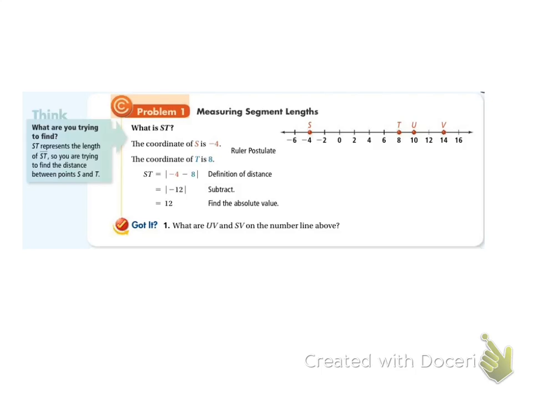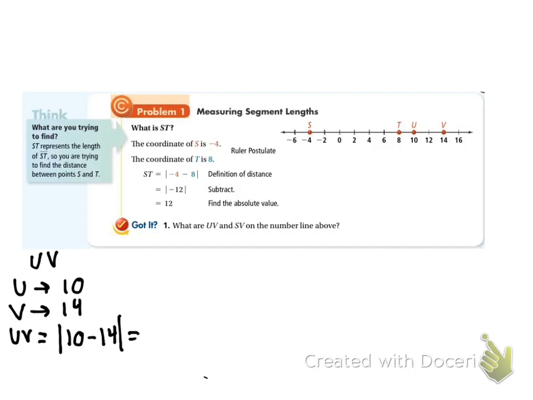Okay, so let's look at UV and SV. So UV, U's coordinate is 10 and V's coordinate is 14. So UV is equal to the absolute value of 10 minus 14, which is equal to the absolute value of -4, which is equal to 4.